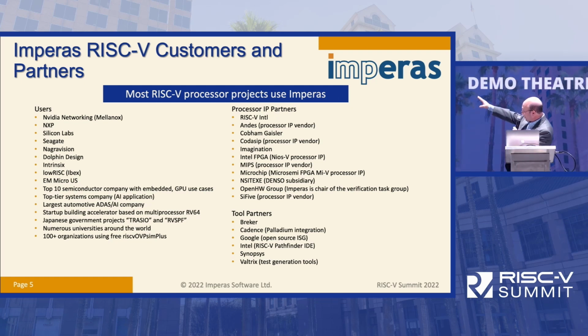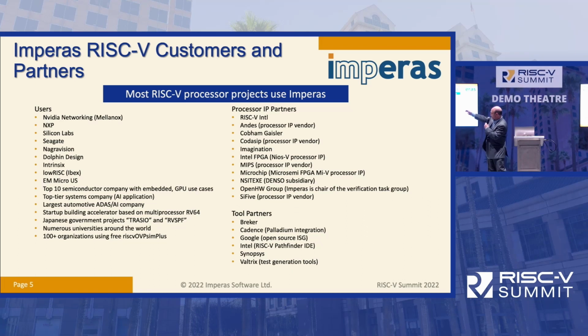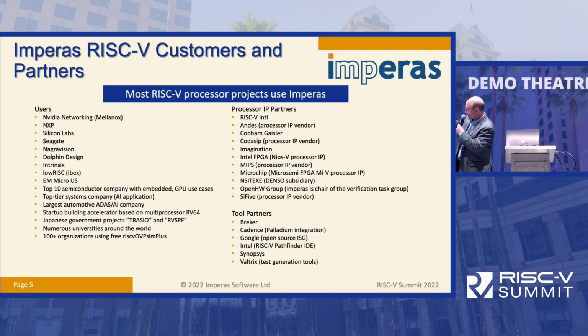We also have processor IP partners, certainly working with RISC-V International, which is not producing processor IP, but definitely a collaborator. And then down the list of these different processor IP vendors. And then also working with different tool partners to make sure that the ecosystem around RISC-V is actually a vibrant ecosystem that can support these different use cases.